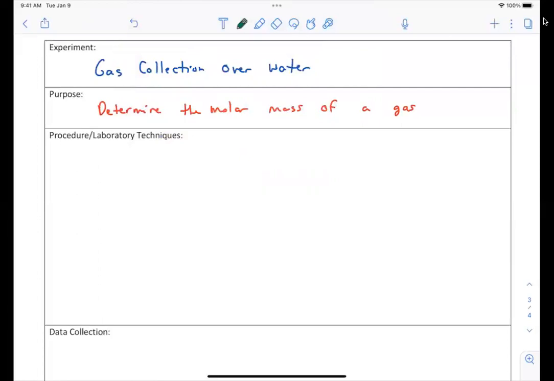I'm going to do it a little bit differently than I have in here. So we don't need to subdivide it. So for example, here, we might know that it forms a diatomic gas, but we would need to collect the gas over water to get some information about it to figure out what it is.